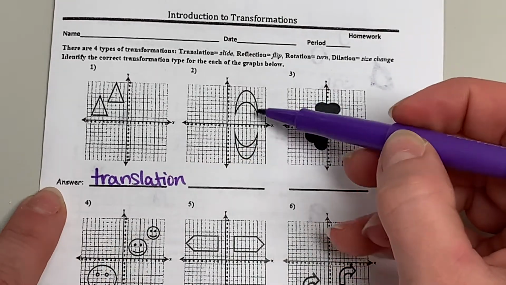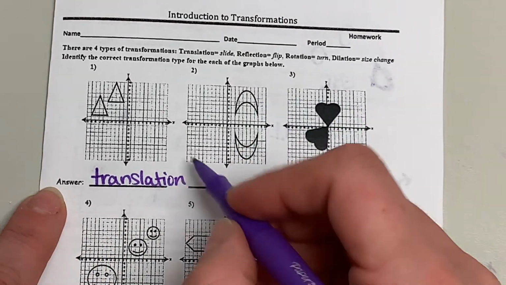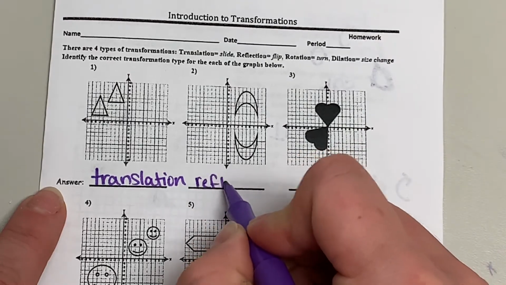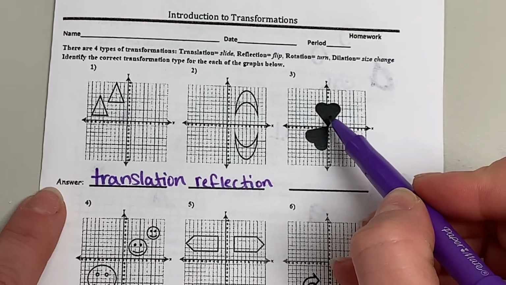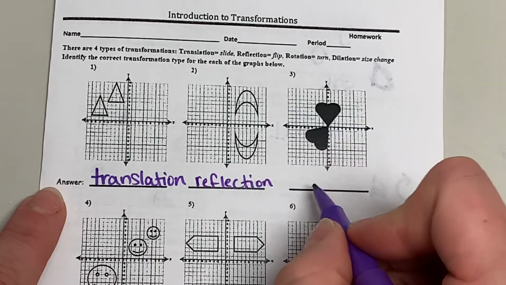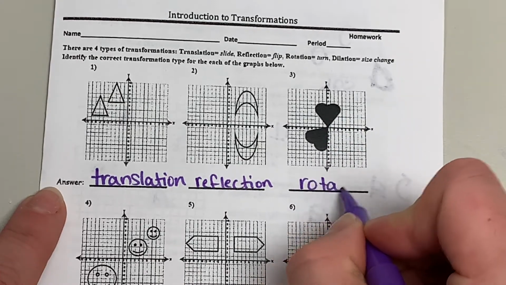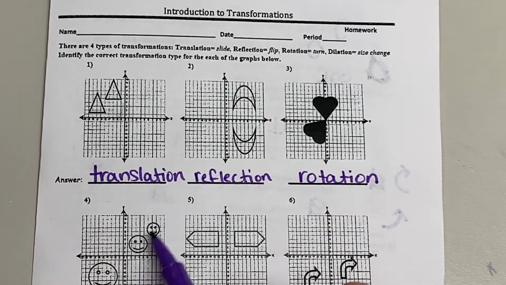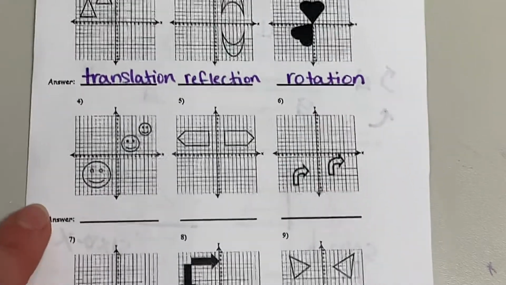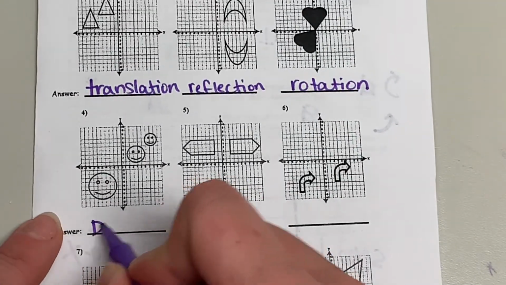What did this one do? Reflection. What did this do? Rotation. That smiley face is getting smaller or bigger, so that is a dilation.